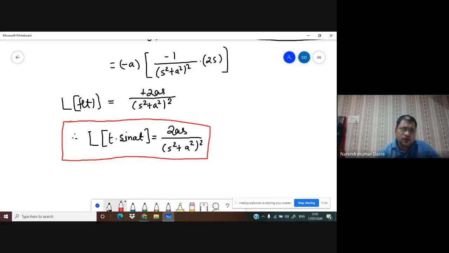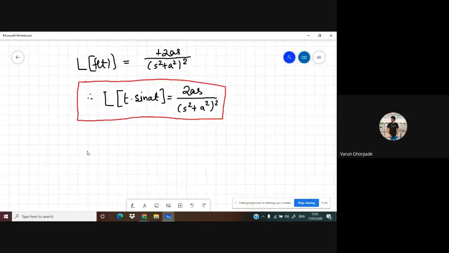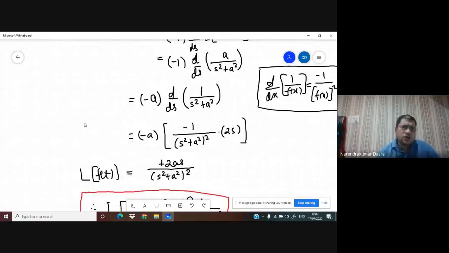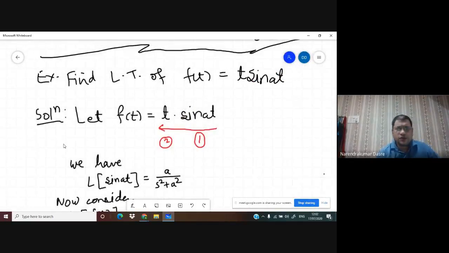So now let us try another example. I hope you have got this example. Yes, sir. Is there any doubt in this example? Okay, that we have calculated.